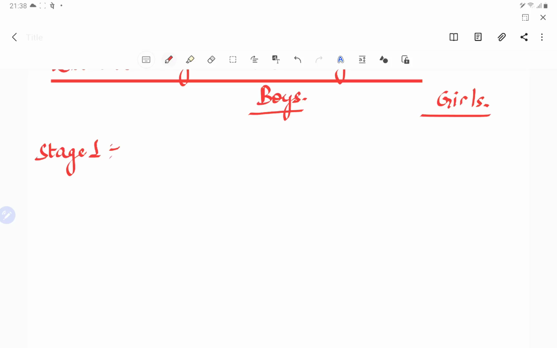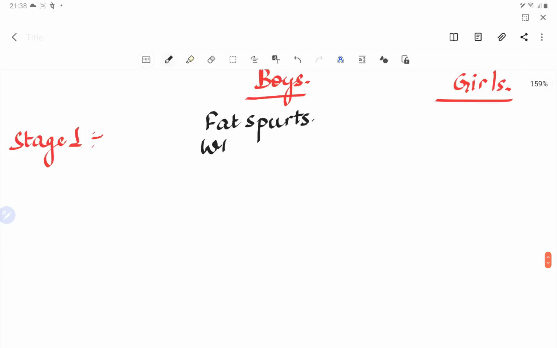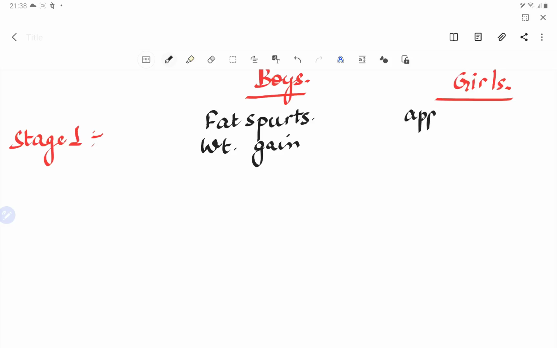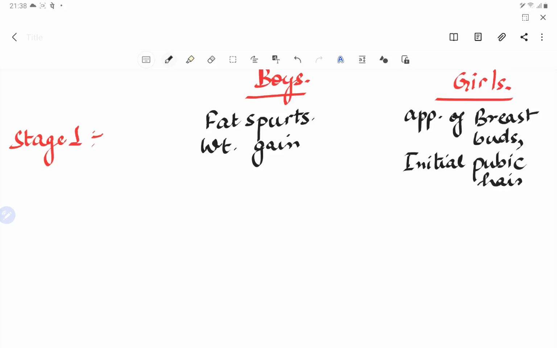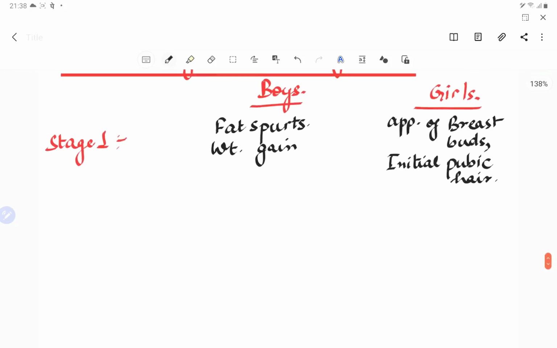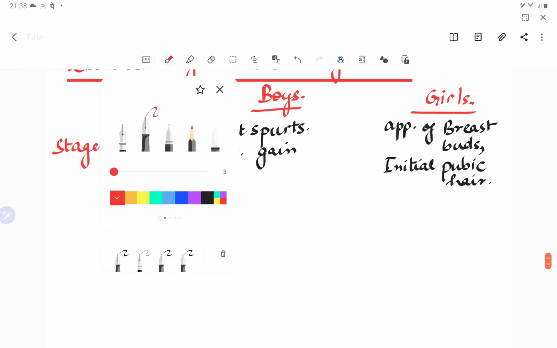In the boys we are going to see fat spurts, weight gain, feminine fat distribution, and in the girls we are going to see the first appearance of breast buds and initial pubic hair growth.